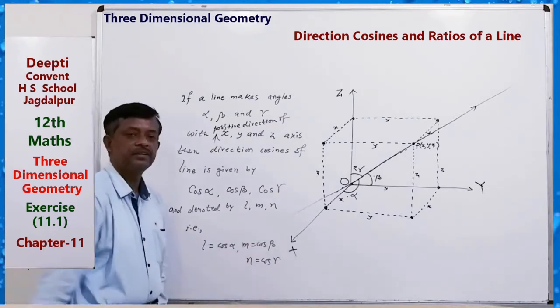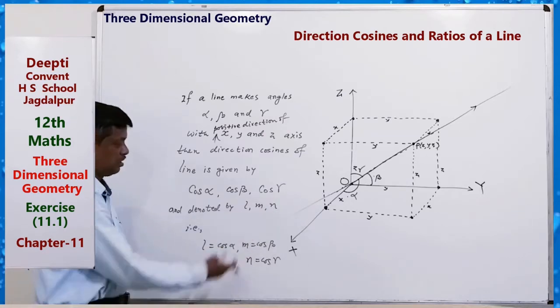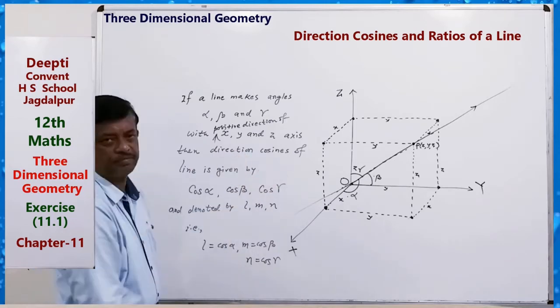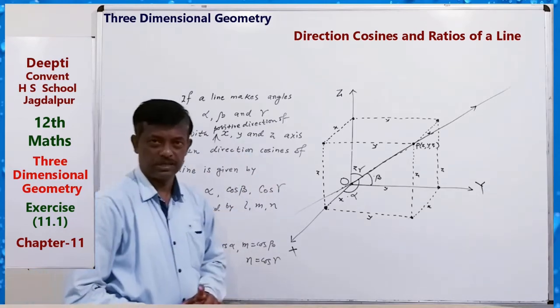So L, M, N, these three numbers are cos alpha, cos beta, cos gamma, where alpha, beta, gamma are the angles. Okay, so these are direction cosines.